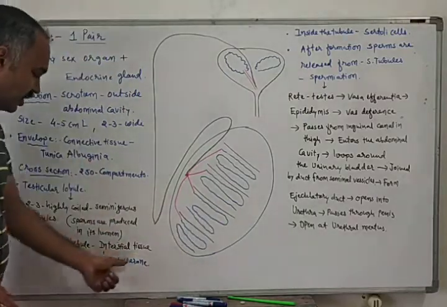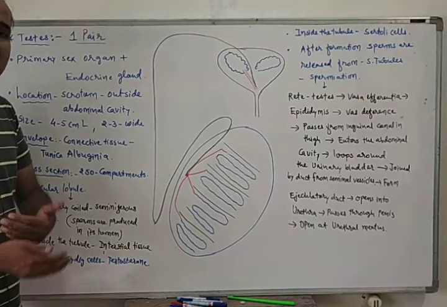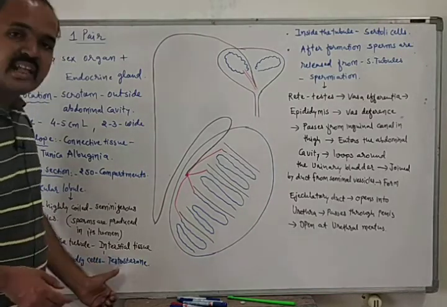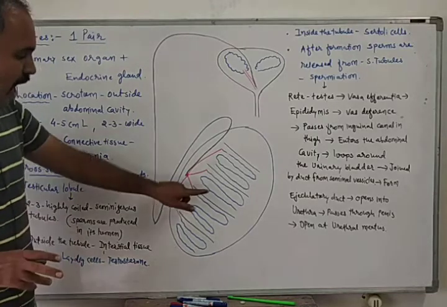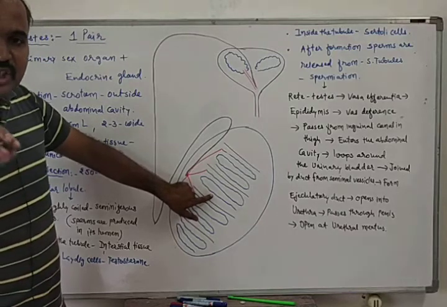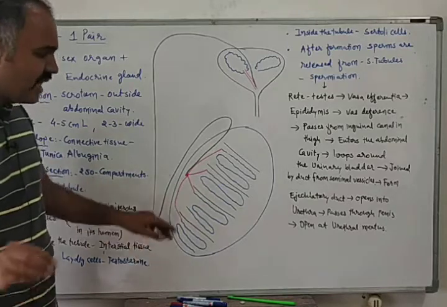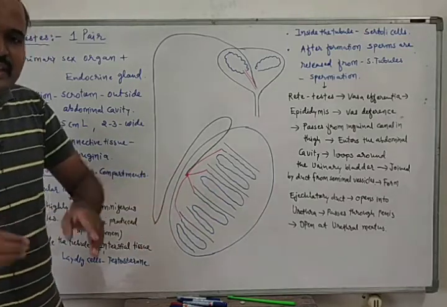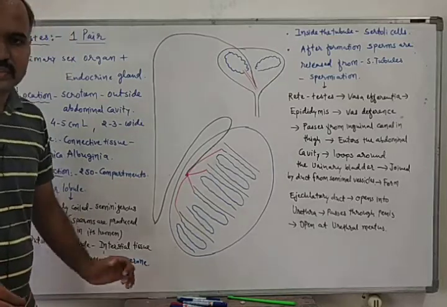And interstitial tissue has Leydig cells, or interstitial cells, and these cells release a hormone called testosterone. So outside of the tubule, the interstitial tissue is present, and in this tissue Leydig cells are there, and these cells release the male hormone called testosterone.